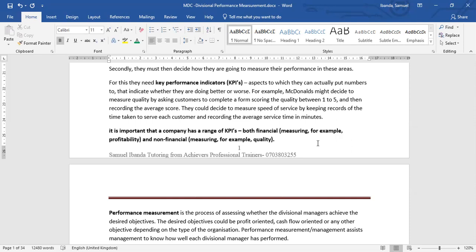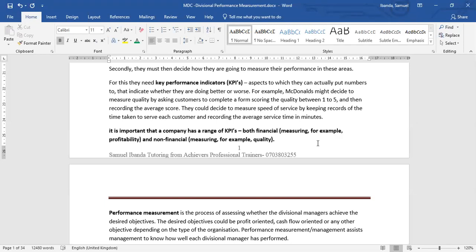For example, McDonald's, in addition to giving you quality service and giving you these commodities at a faster speed, and also a better experience from the restaurant products, that should not compromise the financial return they are making as a business, okay? And that is why, if you must have heard about the balanced scorecard, it is one of the things that we shall be looking at. The balanced scorecard is one of those tools that looks at both the qualitative and the quantitative factors, okay? It looks at the two things.